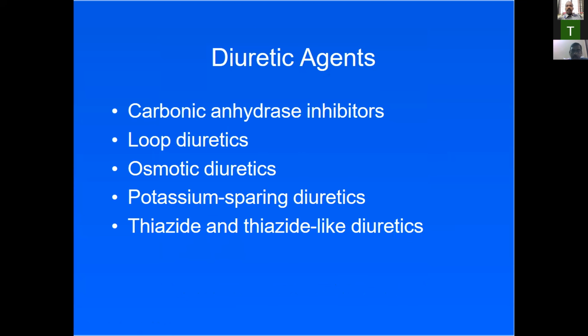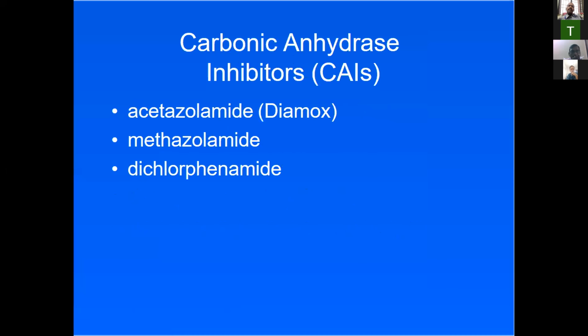The diuretic agents, as we say, are of 5 types: carbonic anhydrase inhibitors, loop diuretics, osmotic diuretics, potassium sparing diuretics, and thiazide and thiazide-like diuretics. Next one, sir. This is the classification of the diuretic agents used.